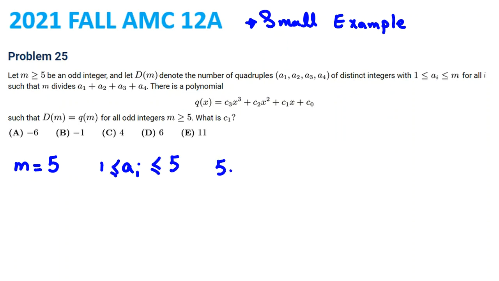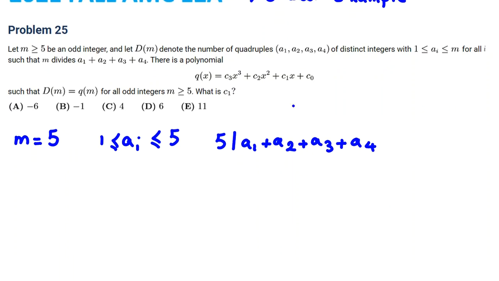And we know that m, or 5 here, divides a1 plus a2 plus a3 plus a4. And a1 to a4 should be distinct, different numbers. So what are the numbers? 1, 2, 3, 4, 5. So I should remove one of them, and then a1, a2, a3, a4 will be the rest. You should remove one of them such that the sum is a multiple of 5.